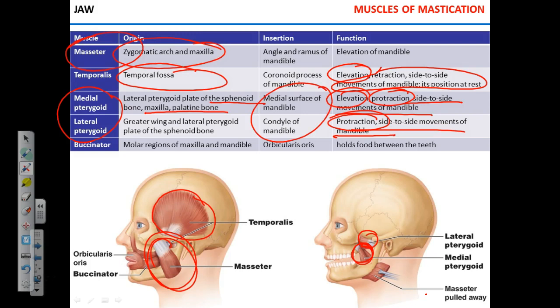Now the last chewing muscle, mastication muscle, is buccinator. We've already mentioned it here, it is shown in the previous slides and the previous pictures. You couldn't really appreciate the location of buccinator because it's a muscle of a second layer.